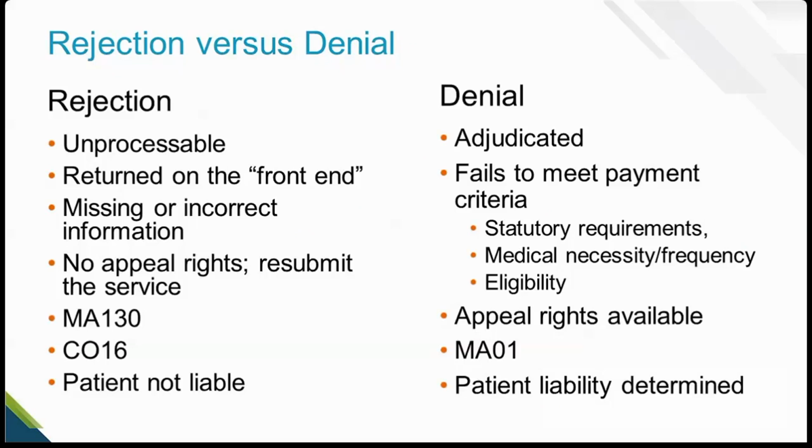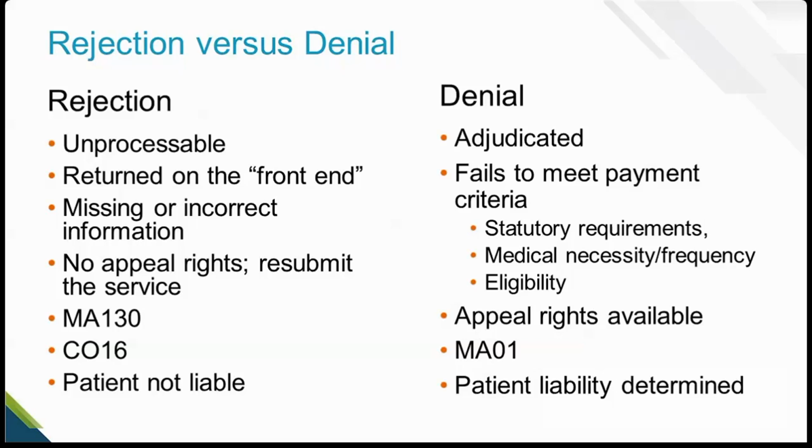A rejection is an unprocessable claim, and what happens here is that it's returned on what we call the front end, before adjudication. The reason this happens is because something is missing or incorrect, something's invalid, something just doesn't make sense. And for these rejected or unprocessable claims, there are no appeal rights because the claim was never processed or adjudicated.